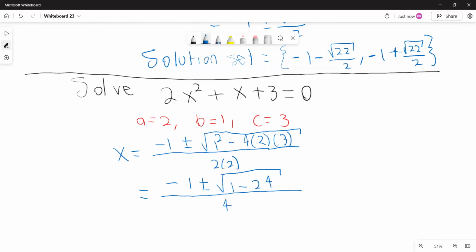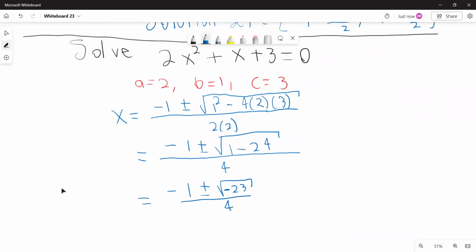Divided by 4, so it looks like we're going to have complex solutions. So if we separate the terms, those are -1 over 4 plus minus square root of -23 over 4. The square root of -23 is square root of 23 times i.